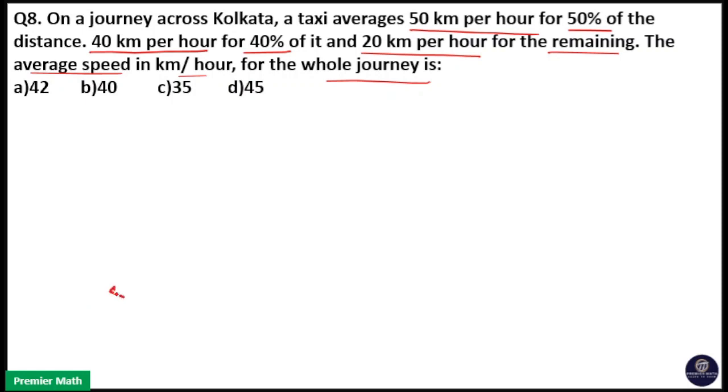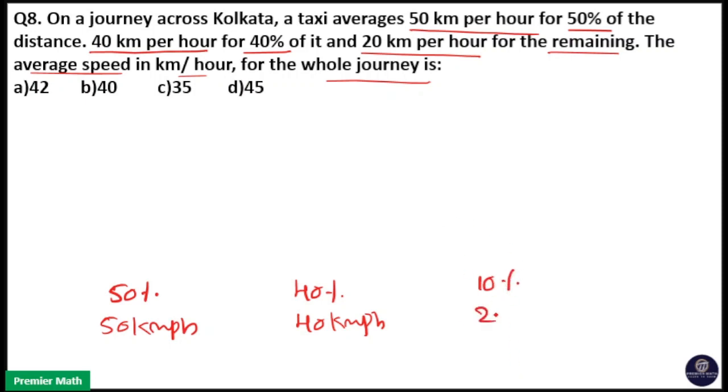Here, a taxi covers 50% of the distance at 50 km per hour and 40% of the distance at 40 km per hour, and the remaining distance, 100 minus 50 plus 40, is 10%, at 20 km per hour.